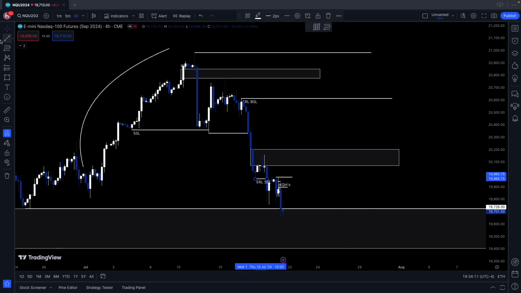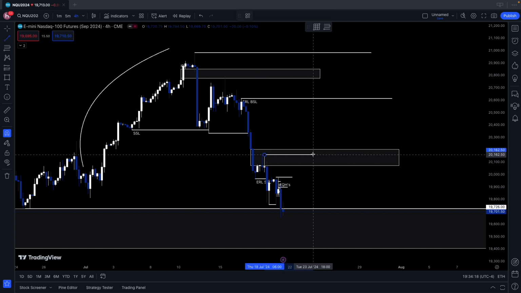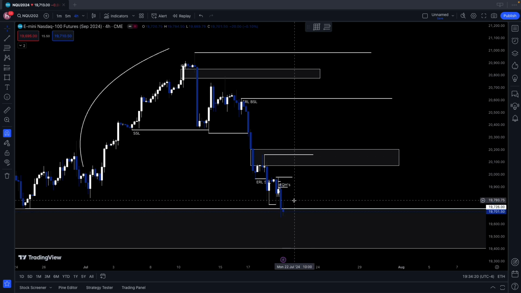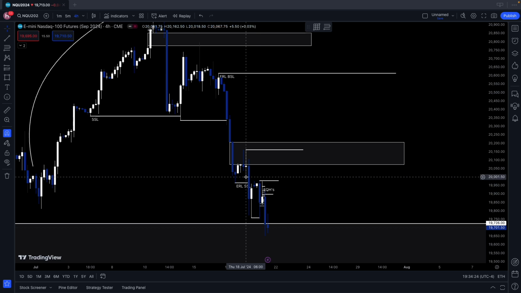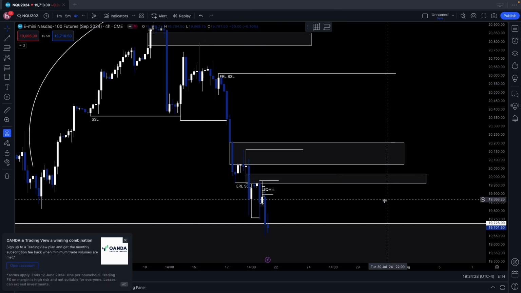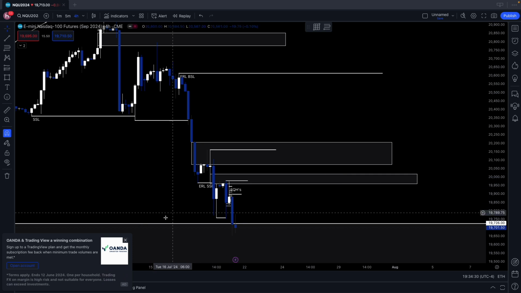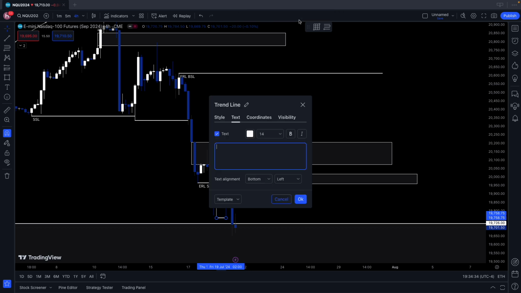And off of that, we put in this external range liquidity right here. As you can see, we're on a clear downtrend, so you can expect price to rebalance back to internal range liquidity in the form of this 4-hour fair value gap right here, and then reaching lower for this level of external range liquidity in the form of sell side liquidity.